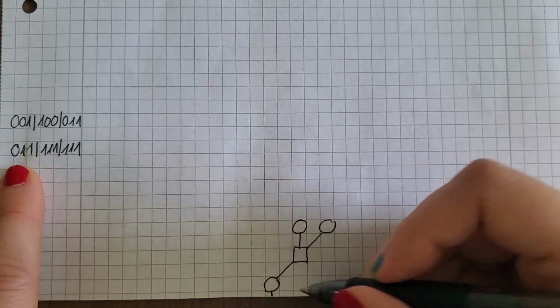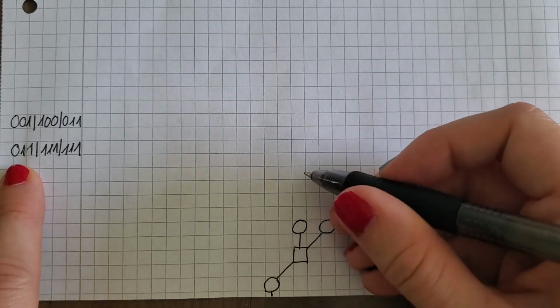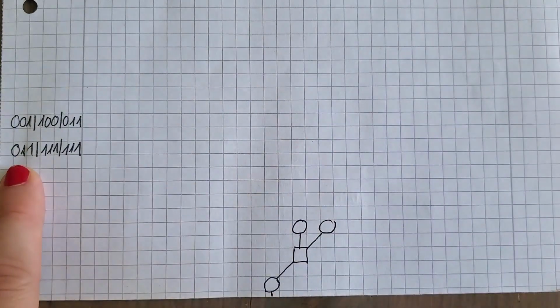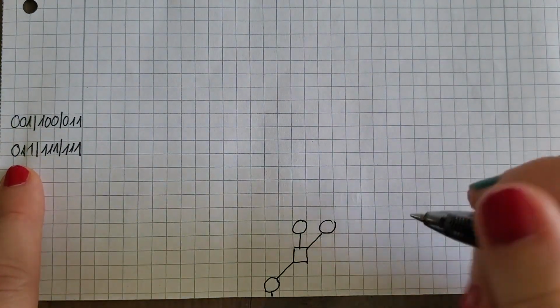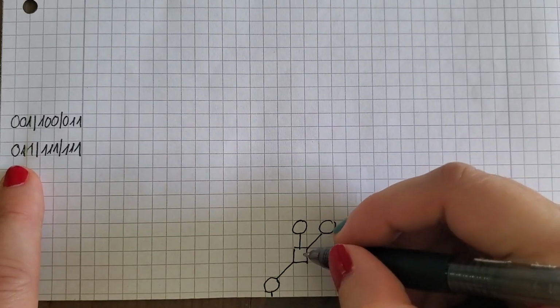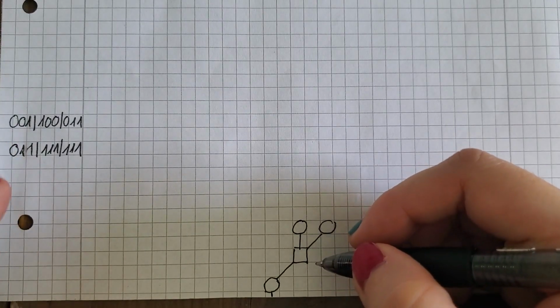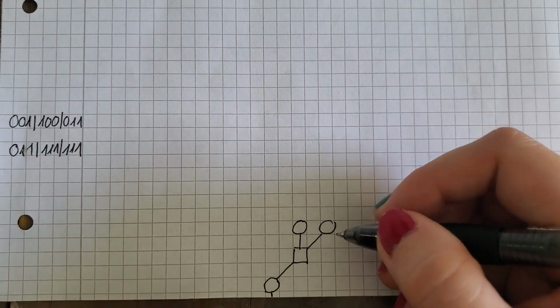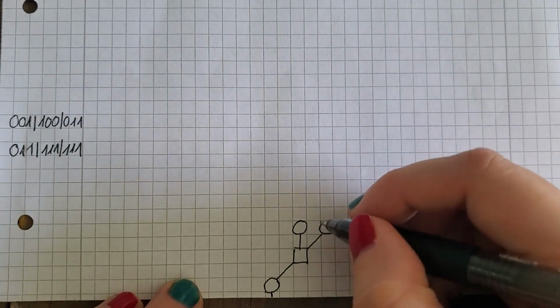So circles and squares will just switch regularly. Now again we have one edge coming into a circle each time, so one right.